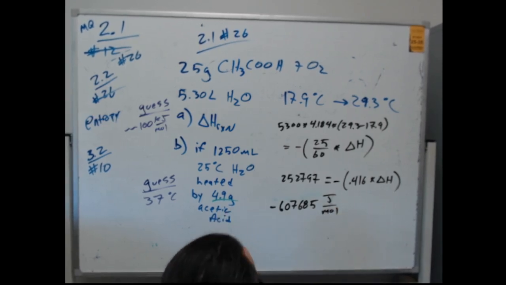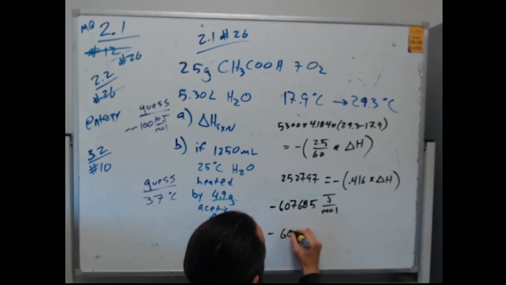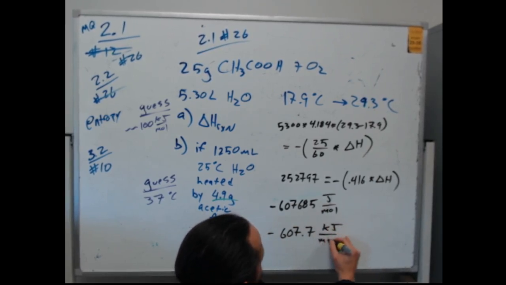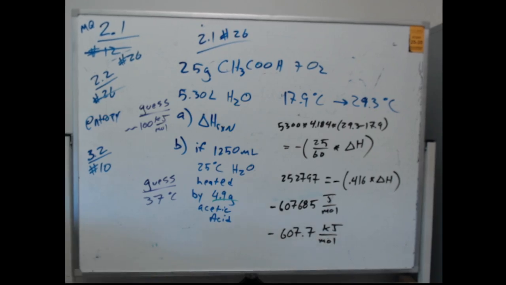When I convert this to kilojoules, this is going to be negative 607.7 kilojoules per mole. Way higher than my guess. So my guess for that part A was way off.